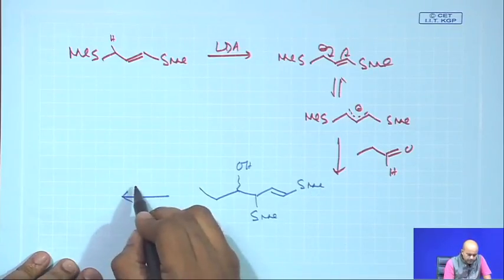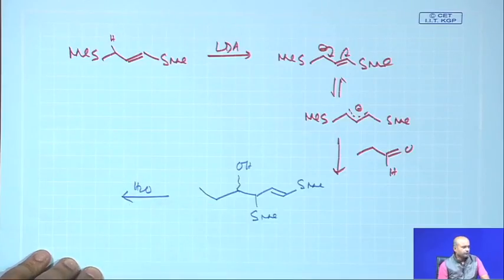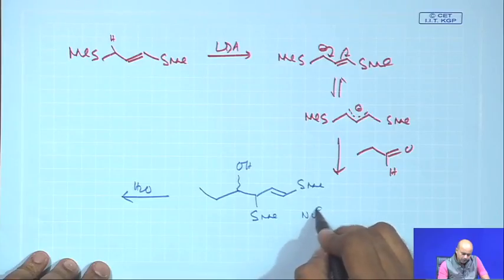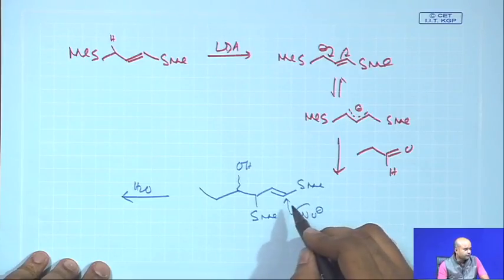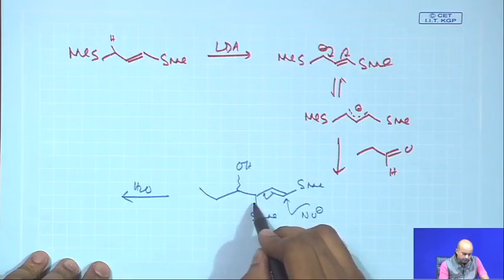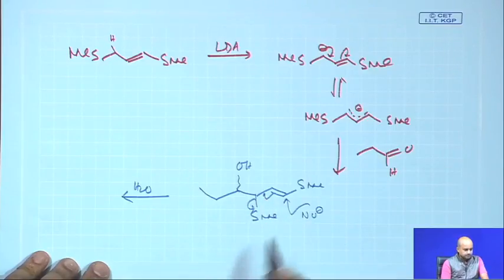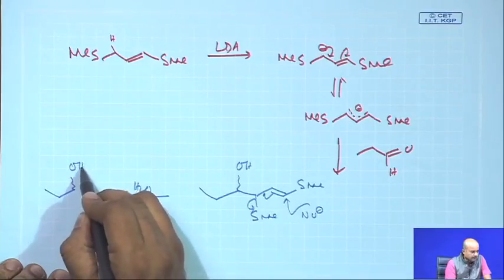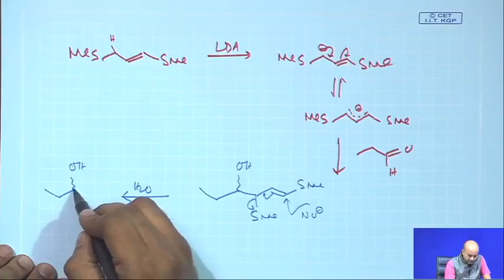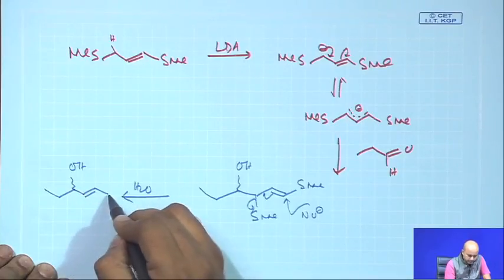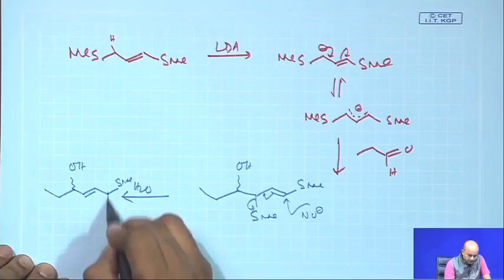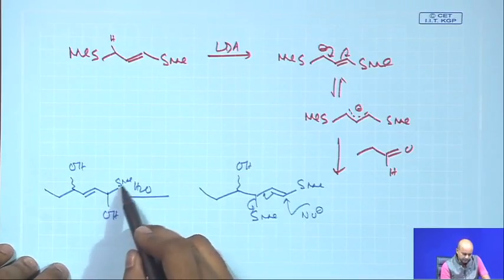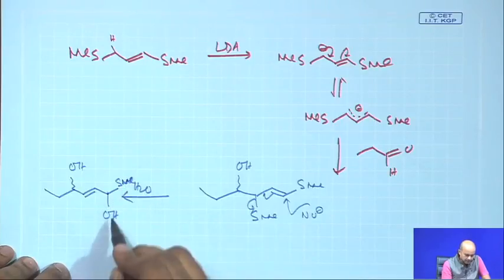Now, eventually a water molecule was reacted here and it was found that this nucleophilic water initially attacks this vinyl sulfide, undergoing this kind of elimination, and then after this elimination you basically get this SMe and OH. Now, this is basically a thioacetal. A thiol is there and an OH is there.